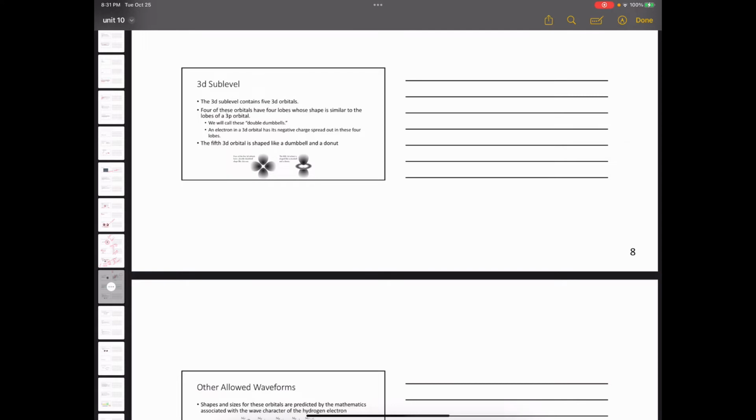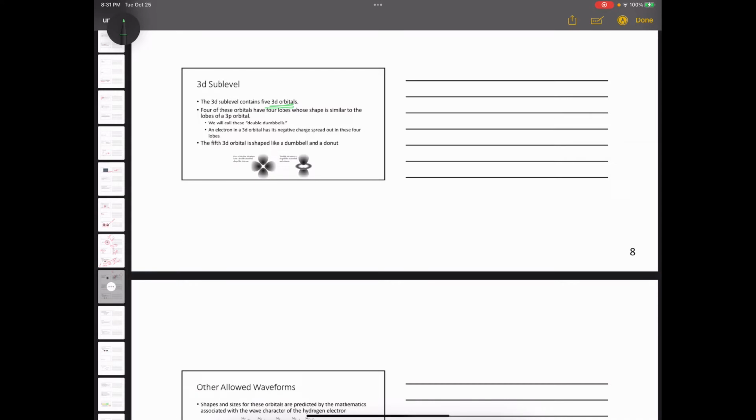Okay, so the 3d sublevel contains 5 3d orbitals, as I mentioned earlier. 4 of these orbitals have 4 loops whose shape is similar to the loops of the 3p orbital. So when we looked at the 3p orbitals, the px, py, pz, 4 of the orbitals on the d have a very similar resemblance of that kind of shape.